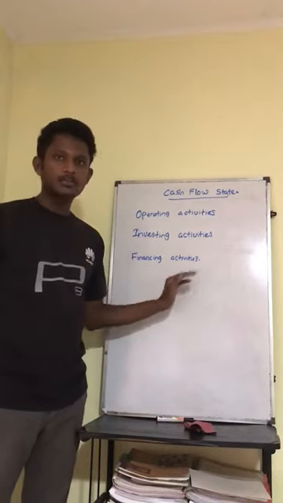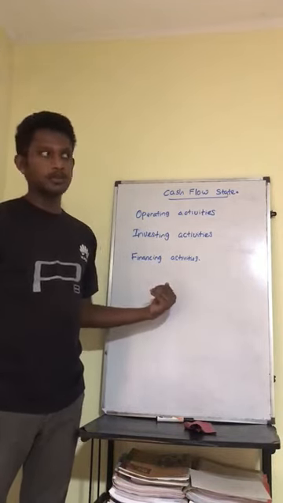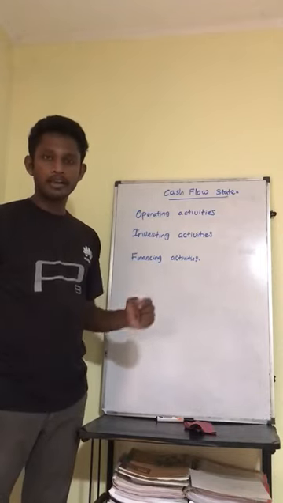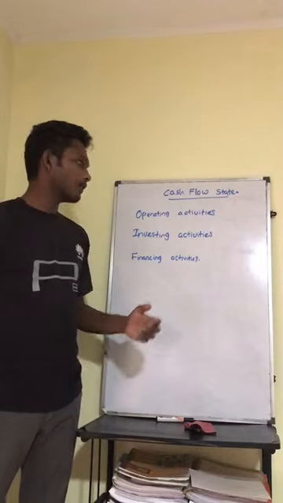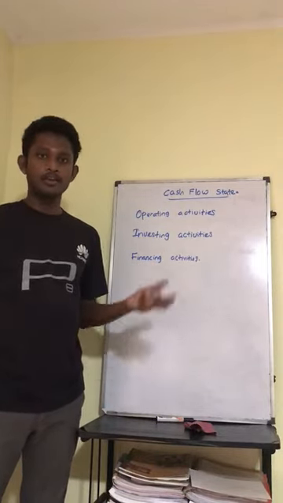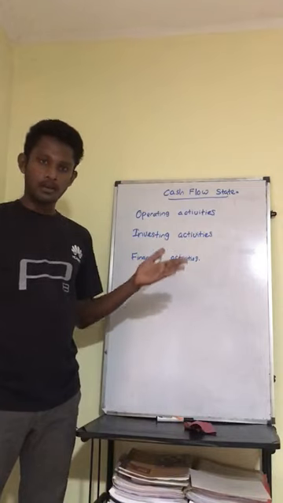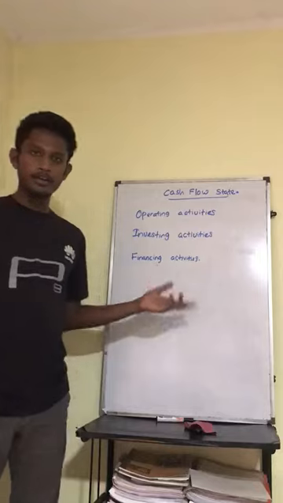Financing activities are the same for both methods. Investing activities are the same for both methods. Only the operating activities are different in each method, but the balances are the same. So you have to clearly identify which transactions are recorded under the direct method and which under the indirect method.